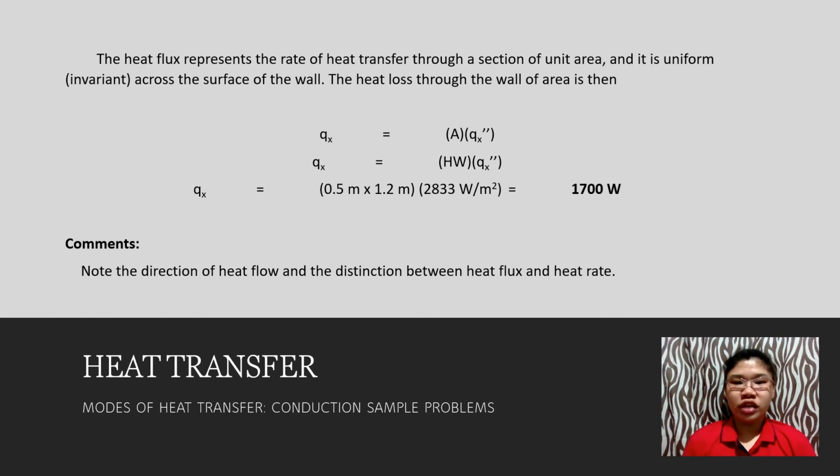If the question is heat flux, then you stop there. Even if the area is given, you don't need to multiply by the area to get the heat rate because the question is only heat flux. But in our sample problem here, the question is about heat rate. So, fortunately, we have the area. That's why we can solve for everything.